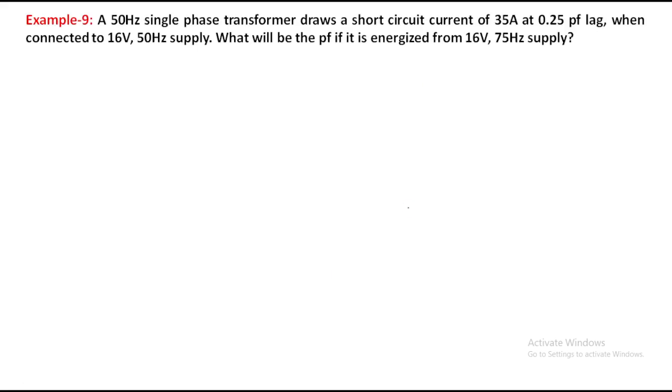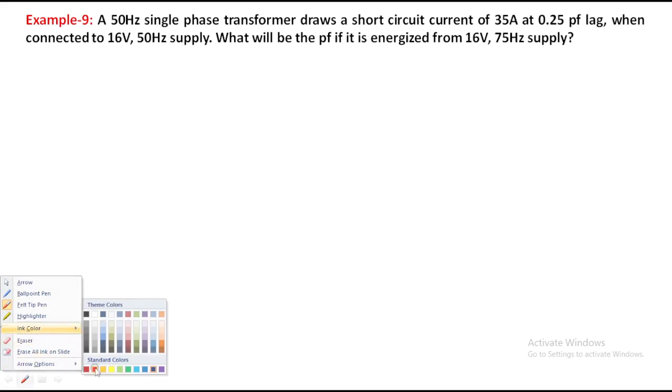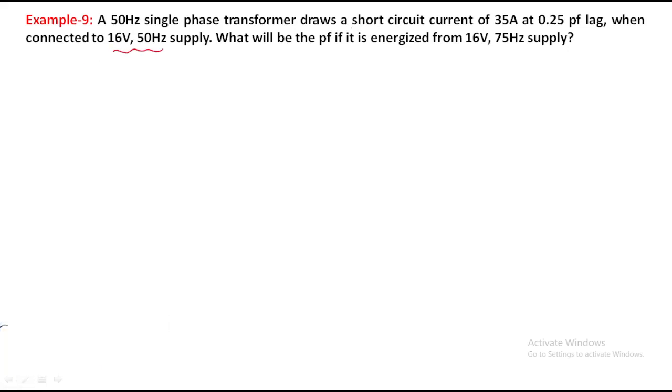Next problem, a single phase transformer draws a short circuit current of 35 amperes, 0.25 power factor lag when connected to 16 volts 50 hertz supply. What will be the power factor if it is energized from 16 volts 75 hertz supply?